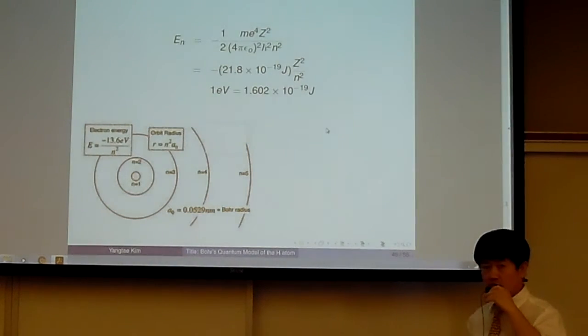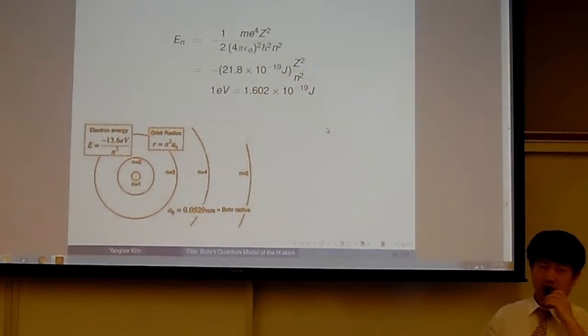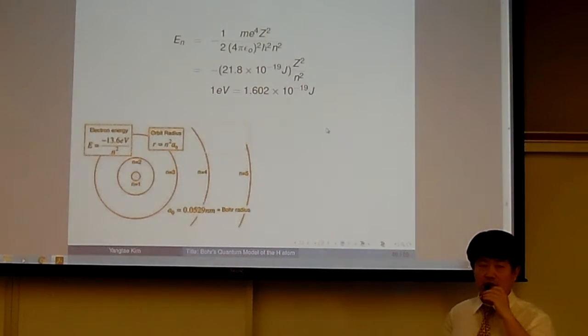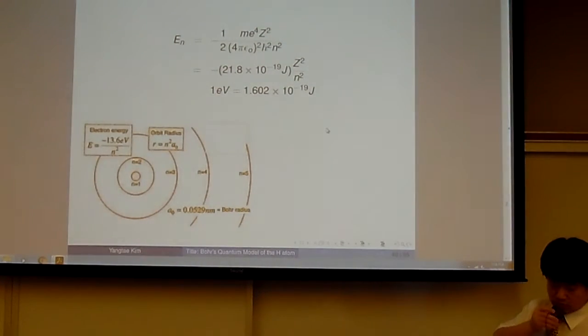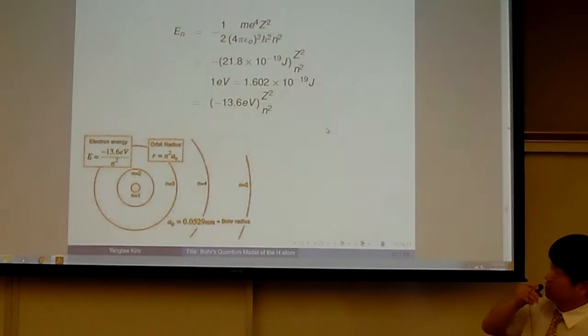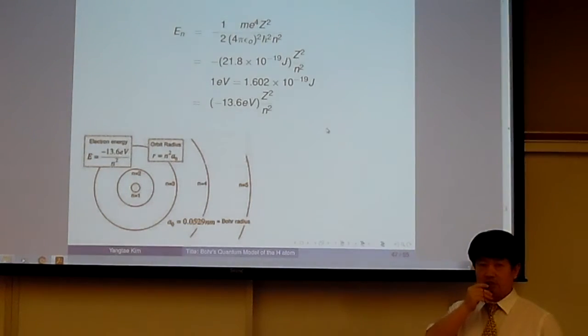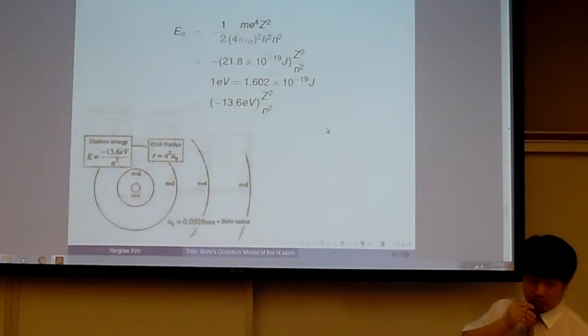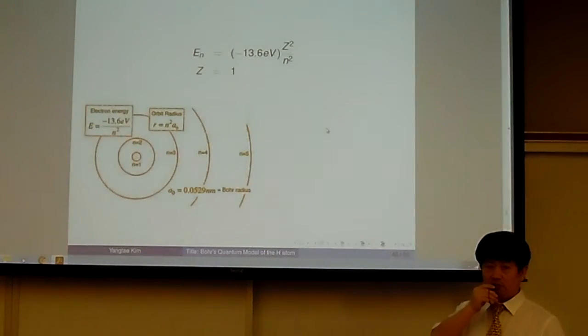We change this to a smaller unit, which is electron volt. 1 electron volt is 1.602 times 10 to the negative 19 power joule. So if we use this, then we have this expression. Energy is negative 13.6 electron volt times Z square over n square. For the case of hydrogen, Z equals 1.